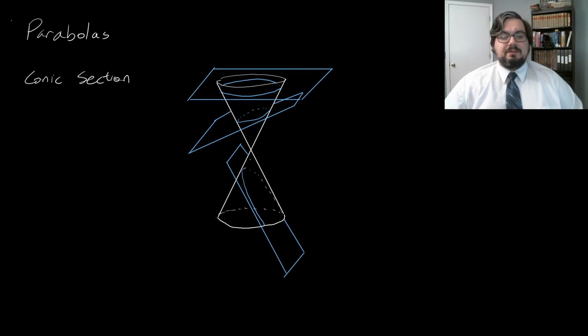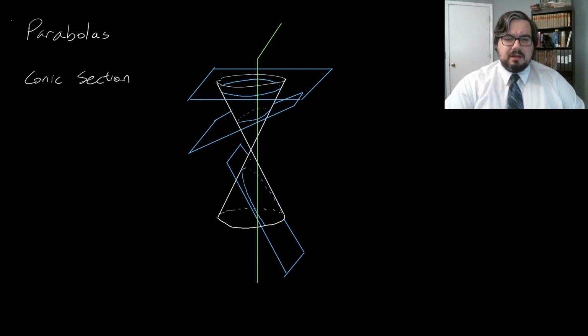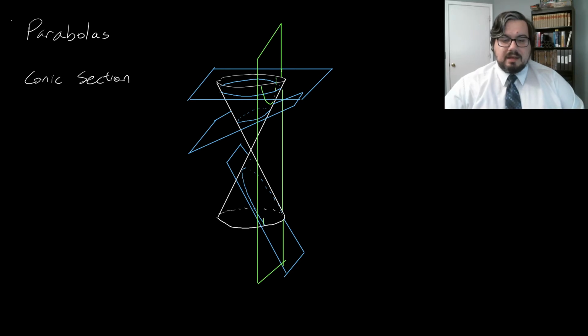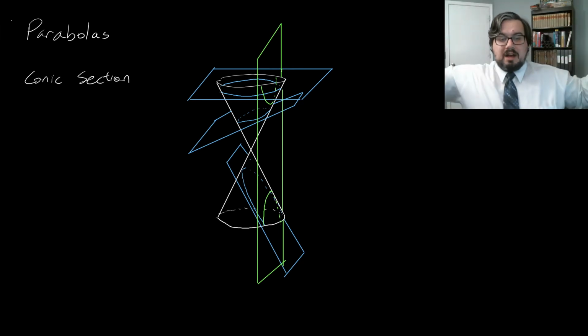And this holds as we start angling these planes down. And then finally, if we were to take a plane that stood straight up, which I'll do in a different color because we've got all these going on, if we took another one that went straight up and down like this and intersected with the cone, then what we'd wind up getting is what's called a hyperbola, a curve with two different branches that go sort of in opposite directions as the green curves here do.